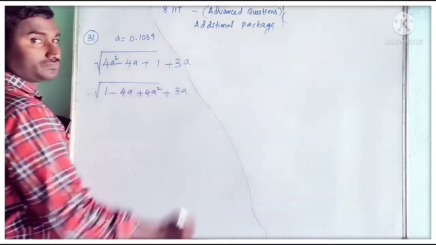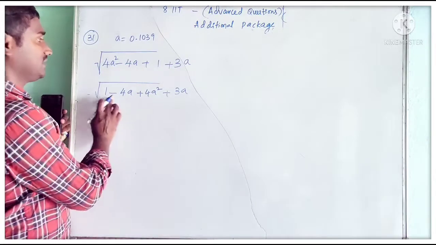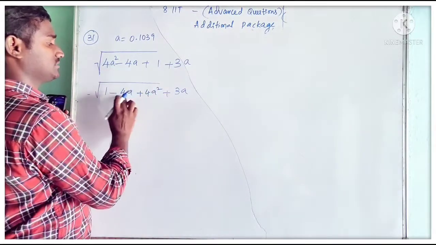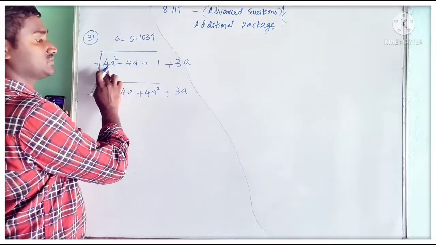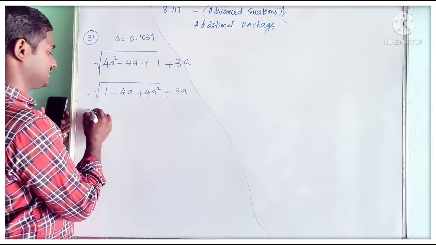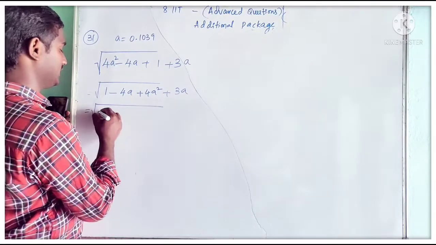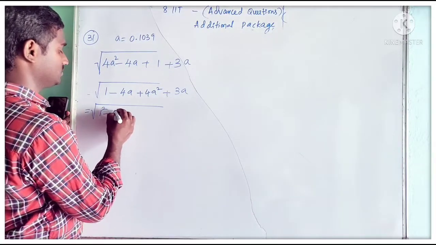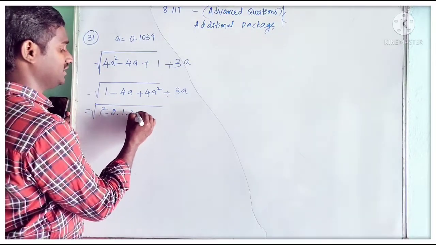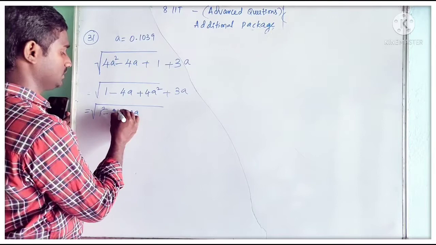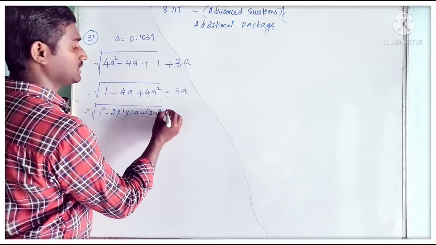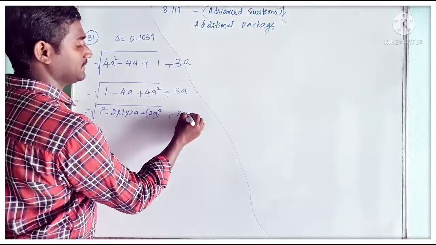No. 1 is positive, minus 4a, and 4a square is positive. I am writing this in the form of 1 square minus 2 into 1 into 2a plus 2a whole square, plus 3a.